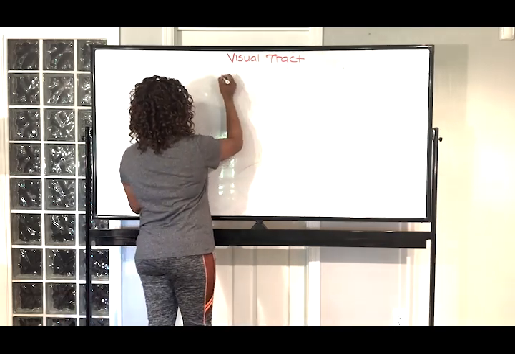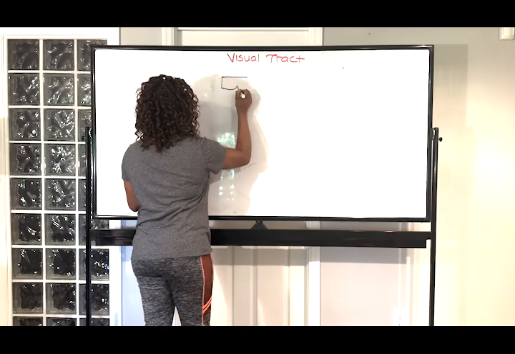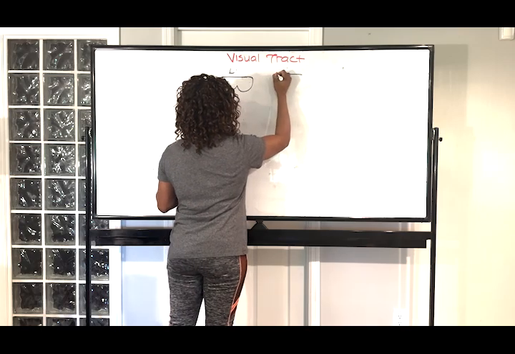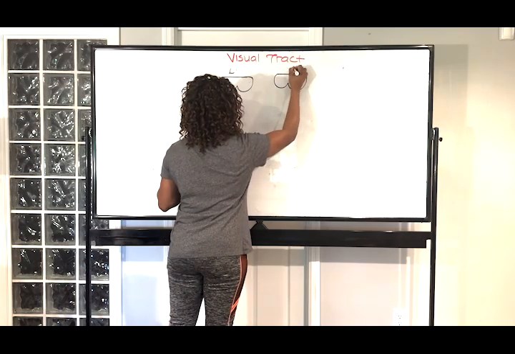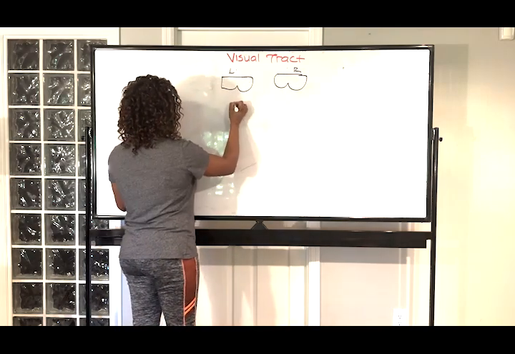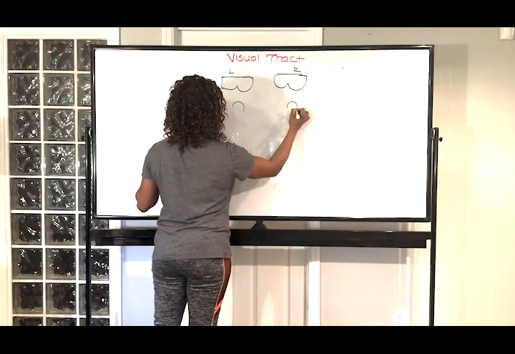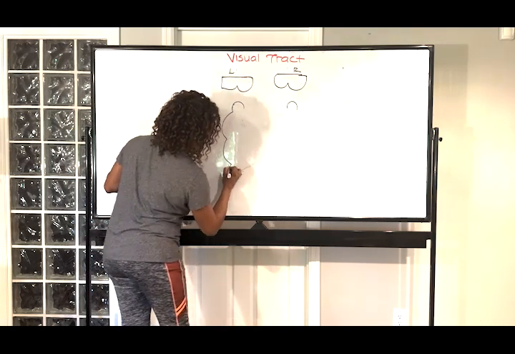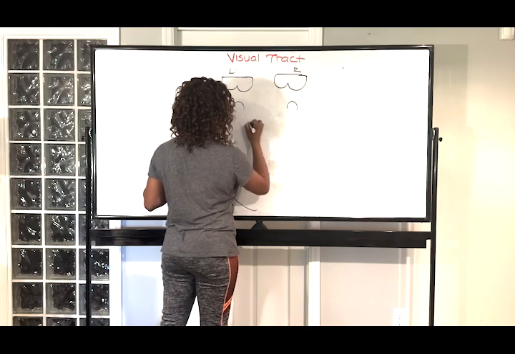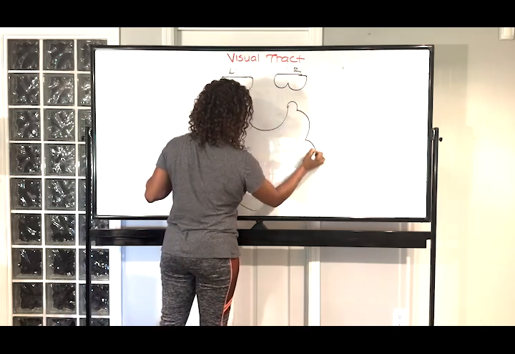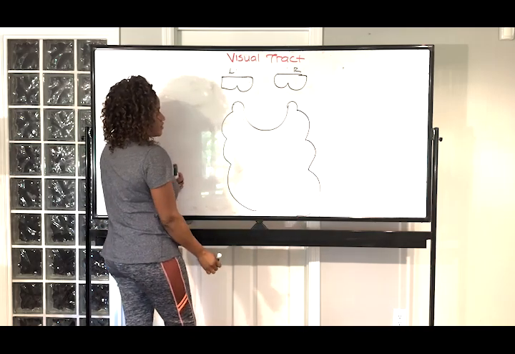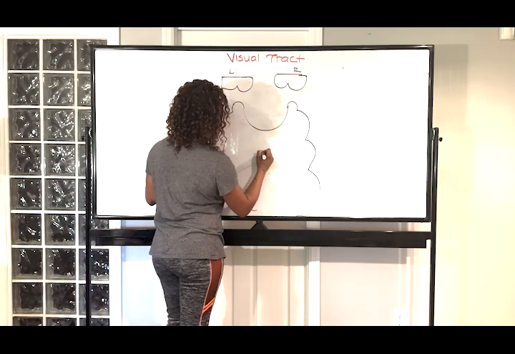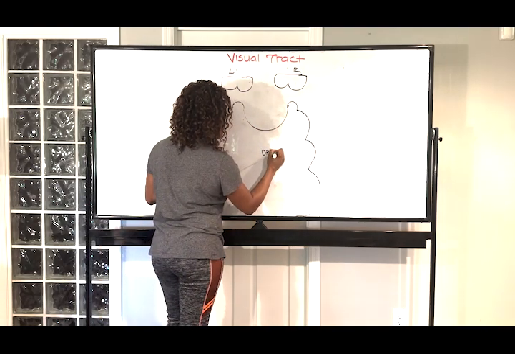So here, this is going to be my left eye, and here my right eye. And this is like the visual tract, and here we have the optic chiasm.